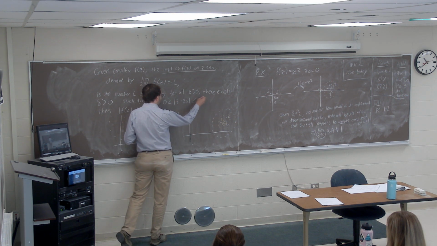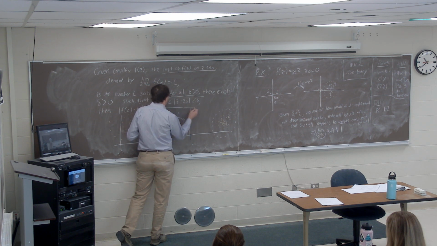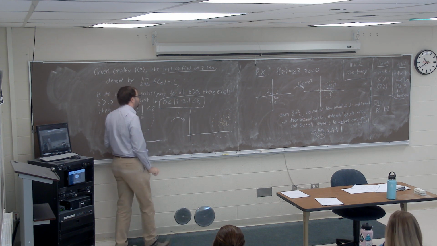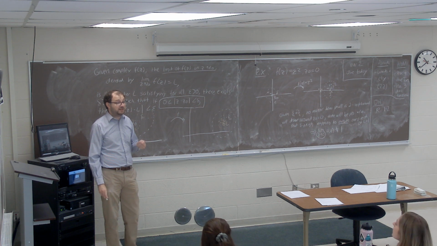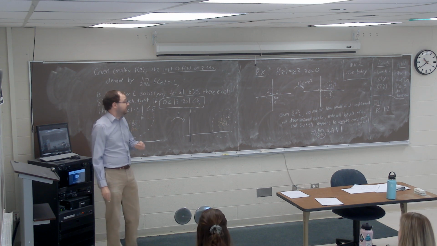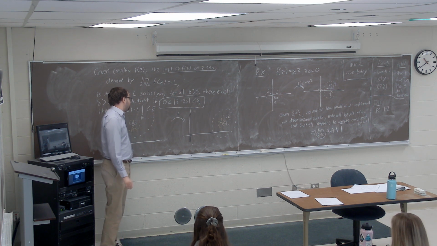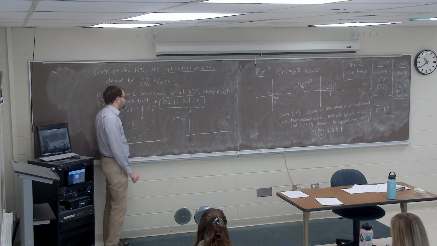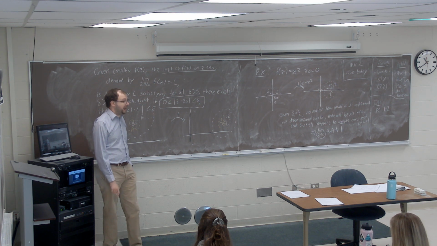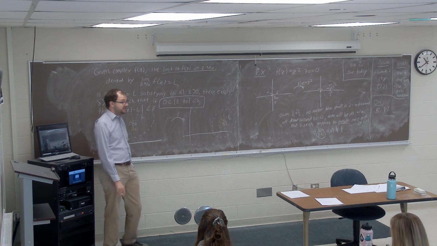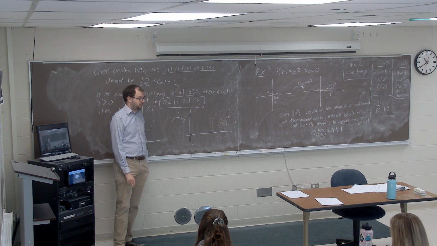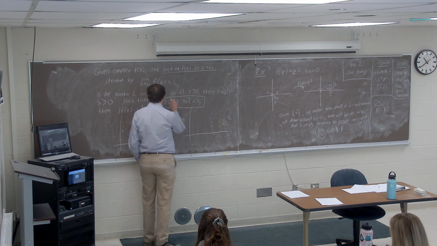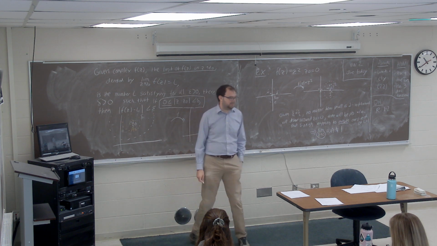We said that as long as the distance from z to z naught is less than delta, but also greater than 0, then the distance from f of z to L has to be less than epsilon. So in other words, we're saying we don't care about what happens if the distance from z to z naught is equal to 0. Why is that, do you think? Why do you think we have this extra 0 less than condition here?